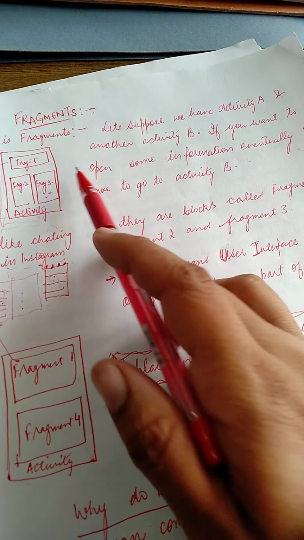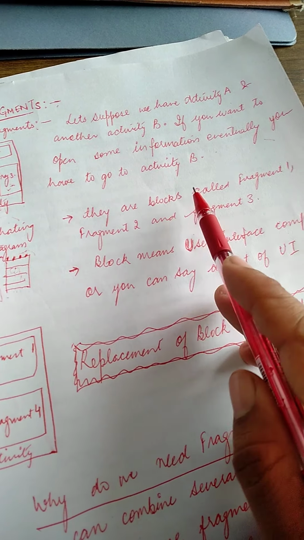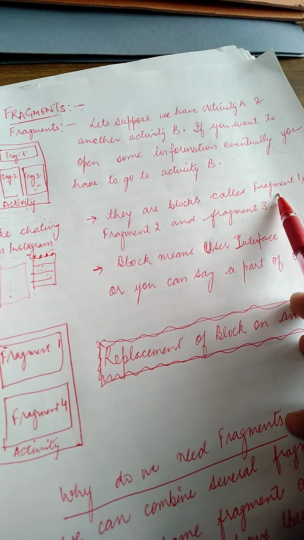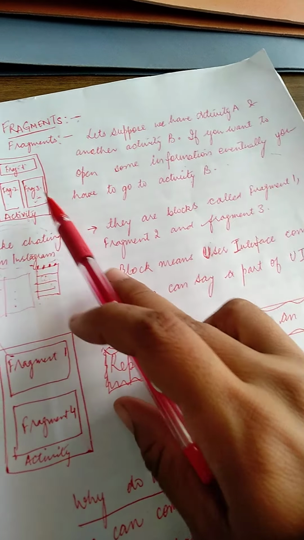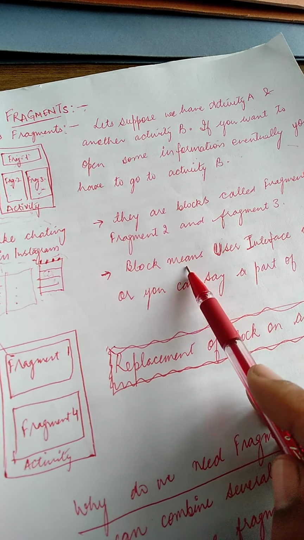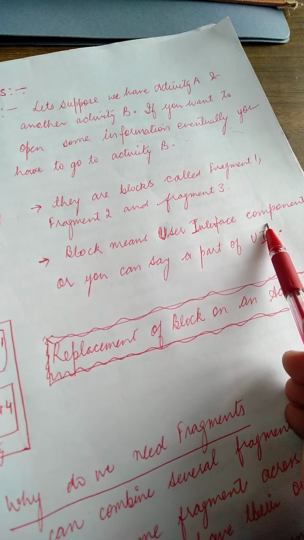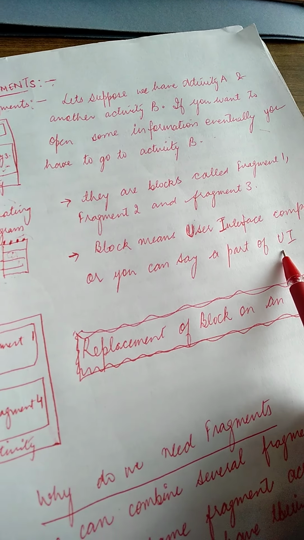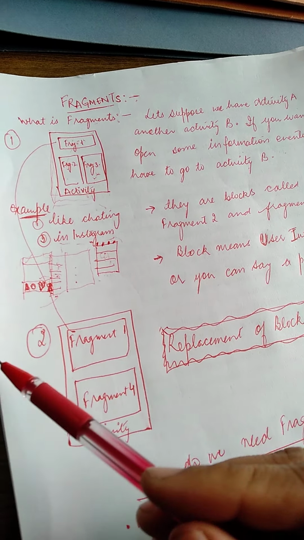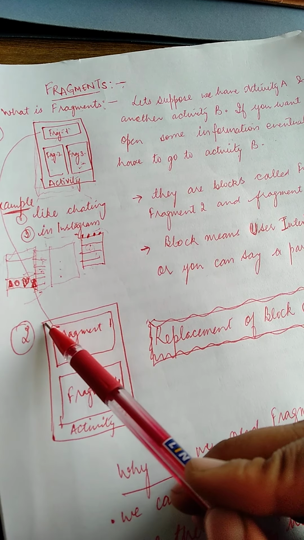So again, what are fragments? They are blocks. You can call them fragment 1, fragment 2 and fragment 3, like here. Block means user interface component, or you can say a part of the UI. Suppose I have another activity.